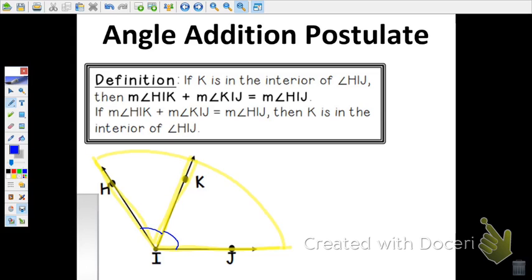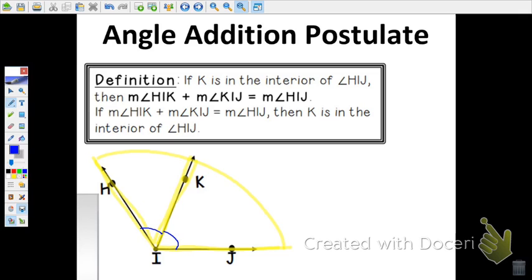So if you think of this as maybe being a big slice of pizza or a big slice of pie, we're just dividing it into two parts. The two parts would be the same size as the big piece that we started with before it was divided.